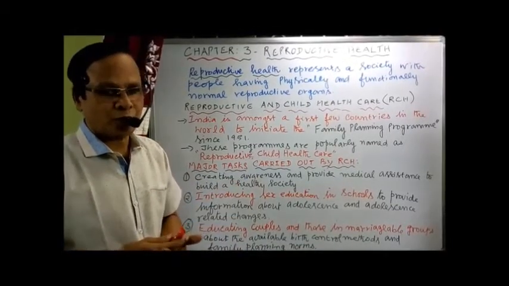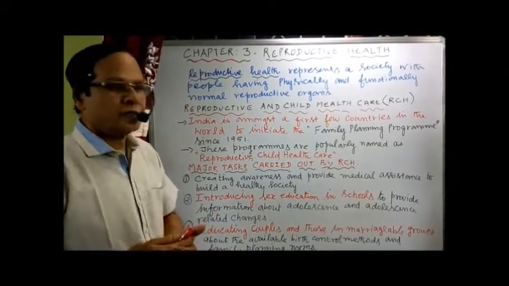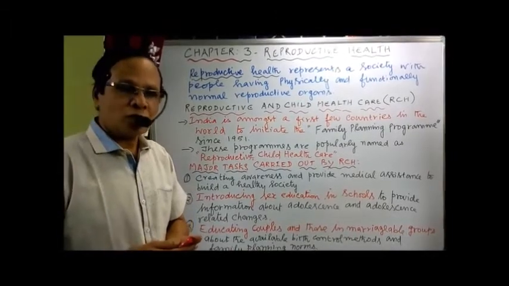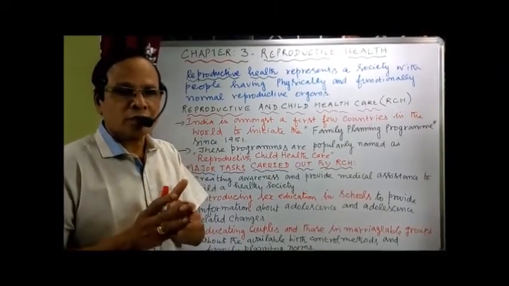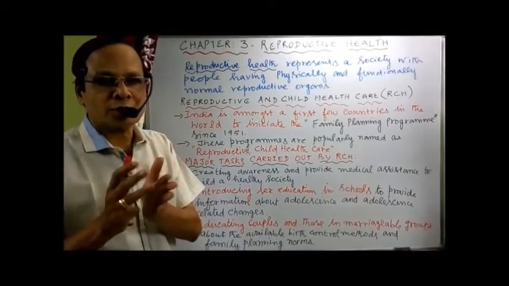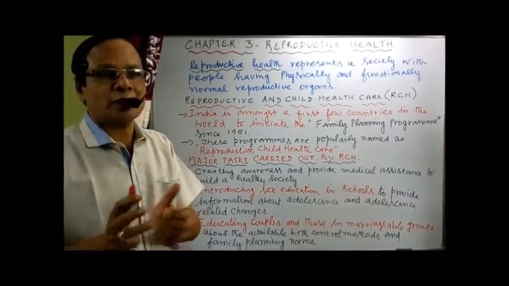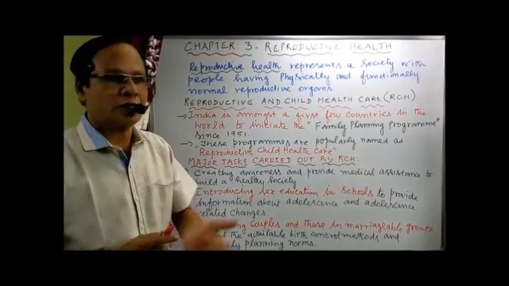Number 3, educating couples and those in marriageable groups about the available contraceptive methods and family planning norms. We have to educate them.